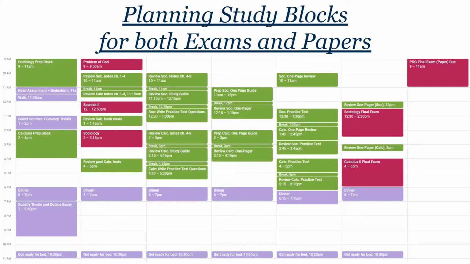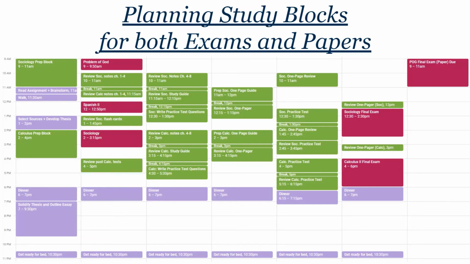So even if I don't finish outlining this essay by 9:30, if I haven't finished it by 10:30, then I got to go to bed. And I've hopefully built enough wiggle room into my writing schedule that it's okay if I stop there and go to bed, but I want to try to avoid going past this 11 p.m. bedtime as much as possible.